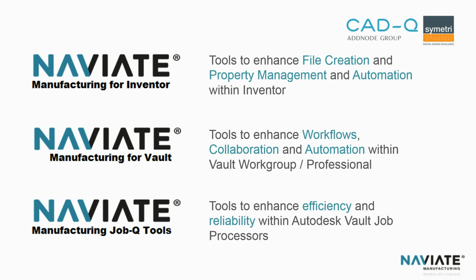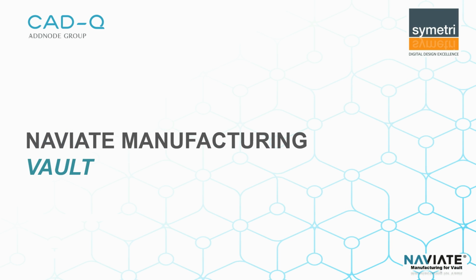We have Naviate Vault, which is designed to enhance and extend the capabilities of Vault Workgroup, Vault Office and Vault Professional. And we have Naviate Job Queue Tools, which is part of Naviate Vault, which allows us to manage the Autodesk job processor a little bit more efficiently. As I say, in this video we're looking at site-specific drawings, so we're going to be looking at Naviate Vault.